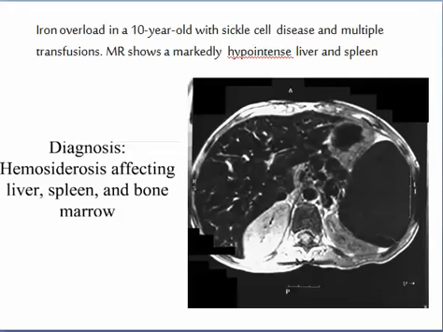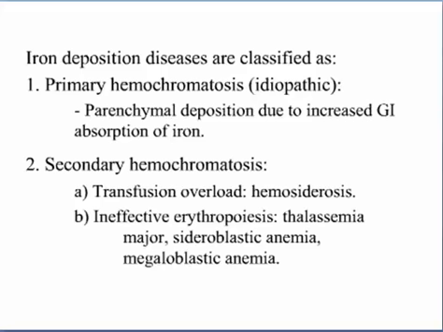Iron deposition diseases are classified into primary hemochromatosis, which is idiopathic, or secondary hemochromatosis due to multiple transfusions, or ineffective erythropoiesis as in a response to anemia. So either response to anemia or response to the transfusion in case of anemia, overload or ineffective erythropoiesis.